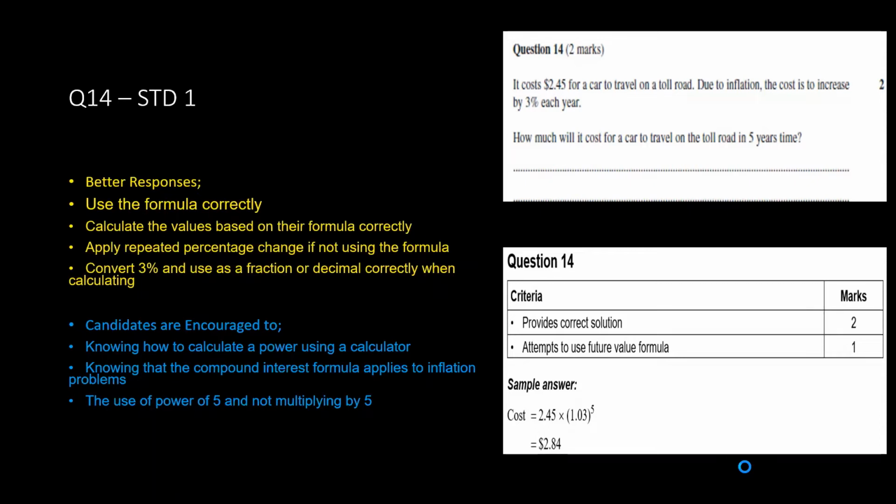Candidates are encouraged to know how to calculate using the power button on their calculator. Some students, rather than using to the power of 5, just multiplied by 5. Know that the compound interest formula is related to inflation.